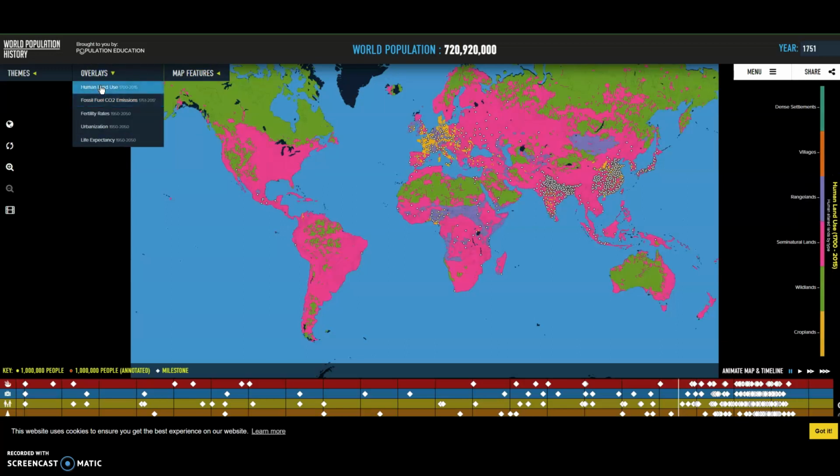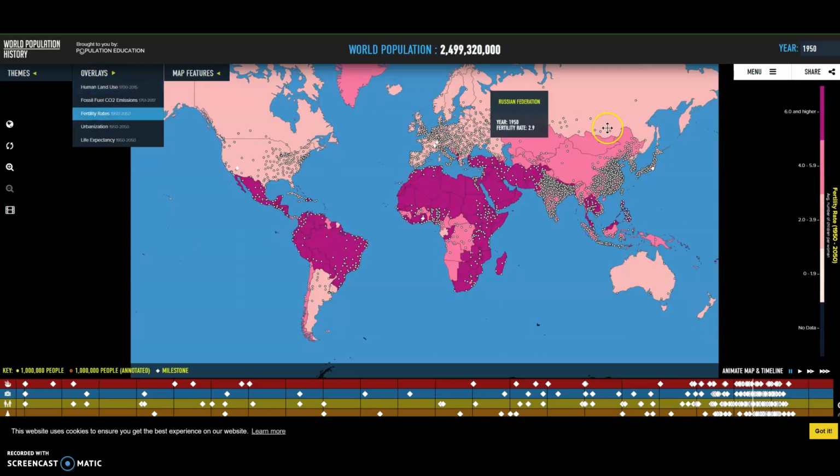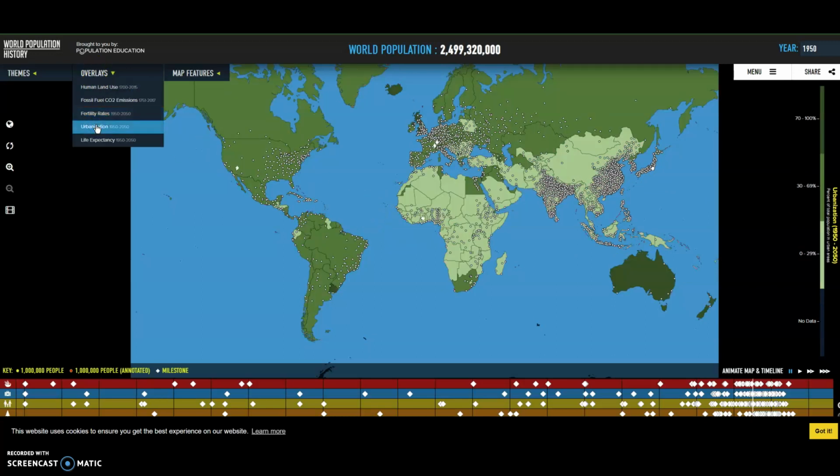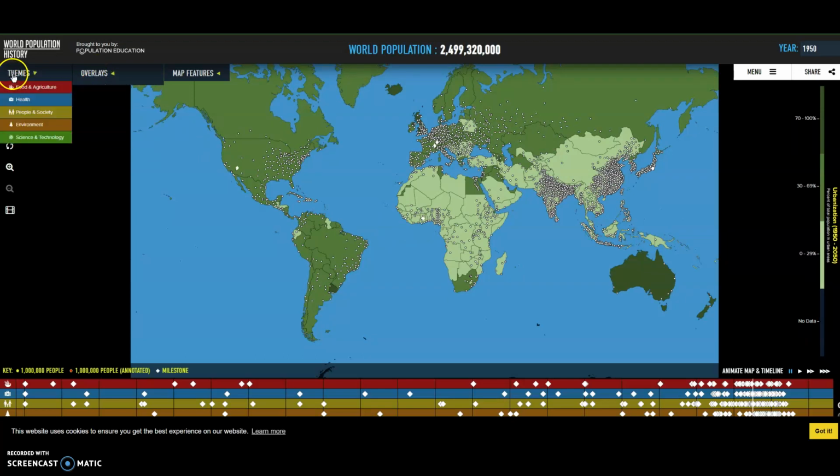So this means different things depending on what you select, right? So we could look at fertility rates. And over on this side, it will tell you what the colors and the dots mean and things like that. So you can have multiple things going at one time.